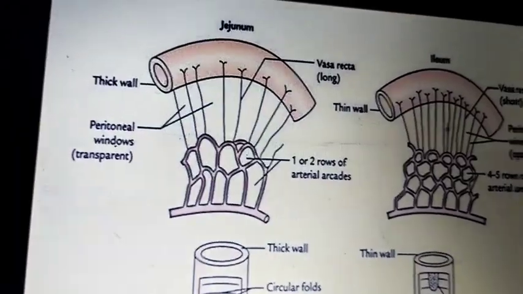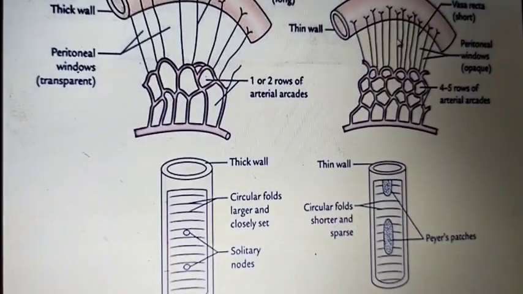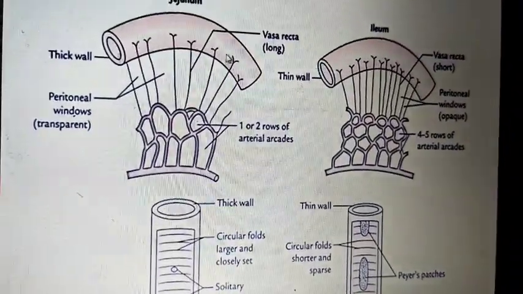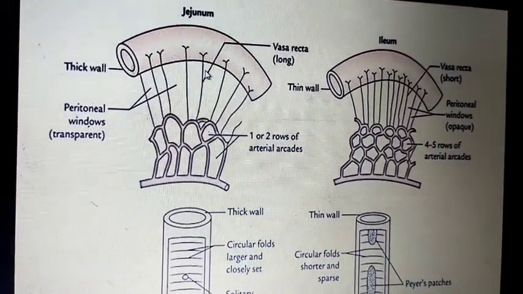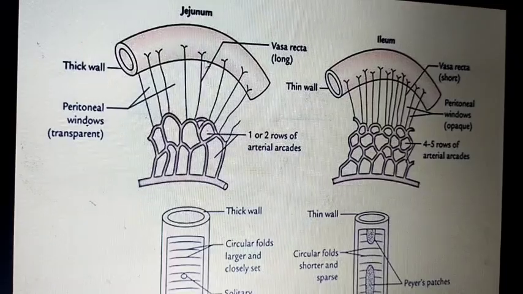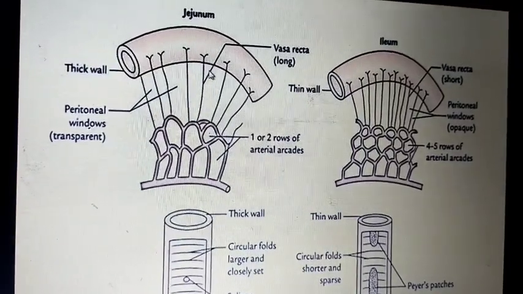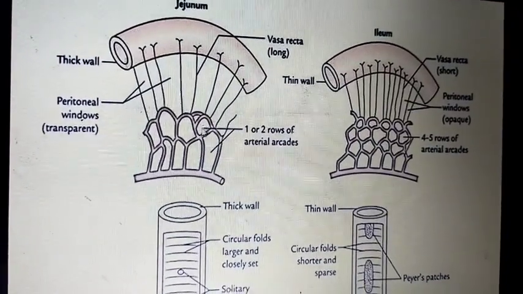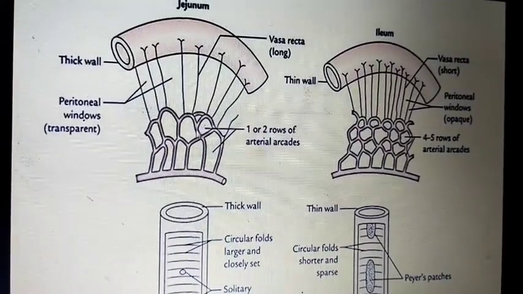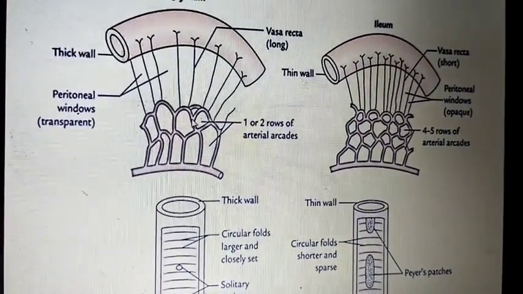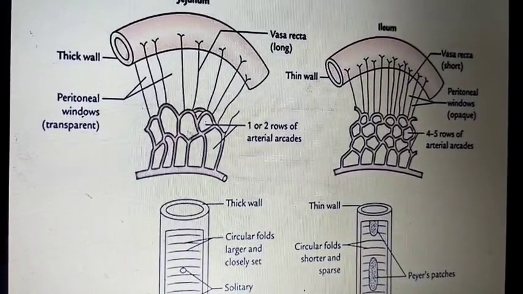Okay, this is the difference between jejunum and ileum, which we can easily make out. First, these are long elongated terminal branches of arteries. They are called vasa recta. These vasa recta are long in the jejunum, and these are the anastomoses of the arteries, and they look like an arc or arches. These are called arterial arches.